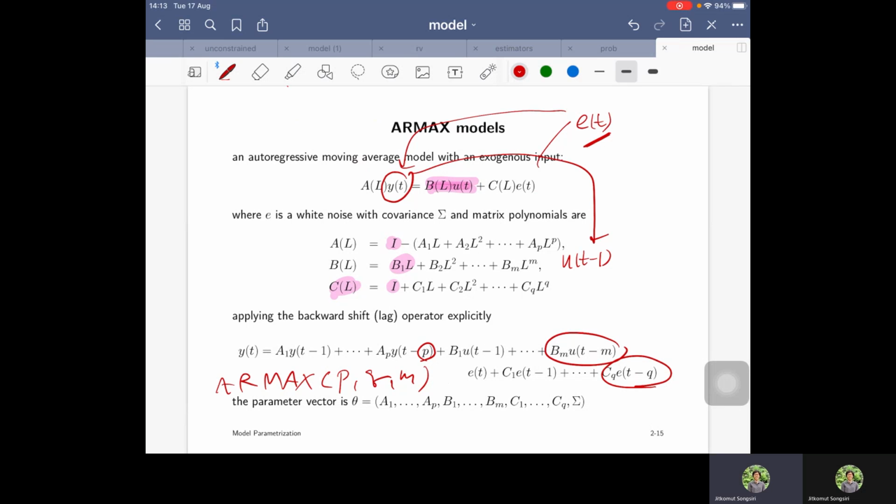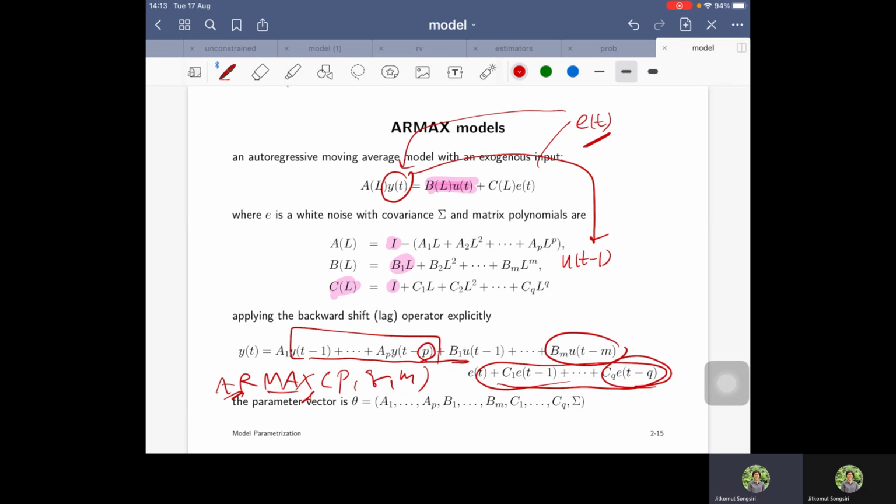It's called autoregressive (AR) because Y depends on the past of itself. It's called moving average because it's like the average of the noise in the past. And of course, X is from exogenous.